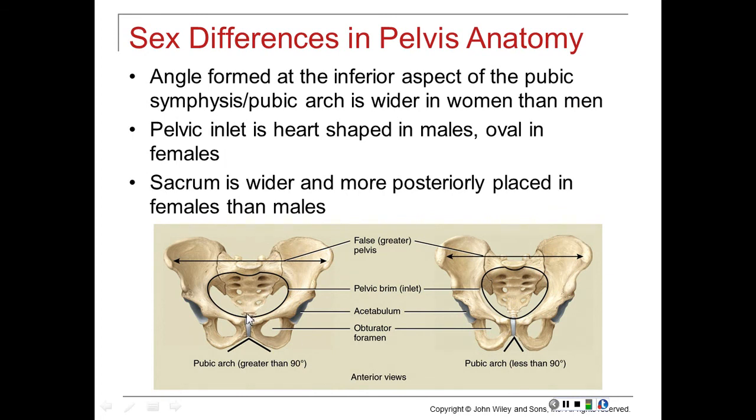You can't see the coccyx in this case, but the coccyx in a female is not quite as curved. The male's coccyx curves very much anteriorly, so that if you were to tip this up and actually look inside of it, the male pubic inlet would actually look like a heart, as opposed to the females, which is more oval shaped. You can check out the pubic arch here on the females, much wider, and it's much more narrow on the male.